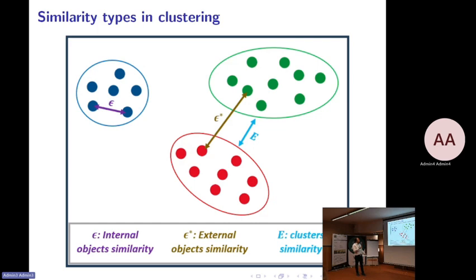And external similarities are calculated for observations from different clusters. And also here is a similarity which represents how similar not observations but clusters are. So in general, the clustering problem becomes maximizing the internal similarities of each cluster, and at the same time minimizing the similarity between clusters.